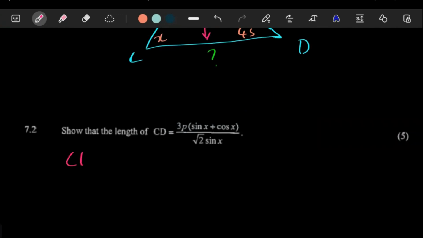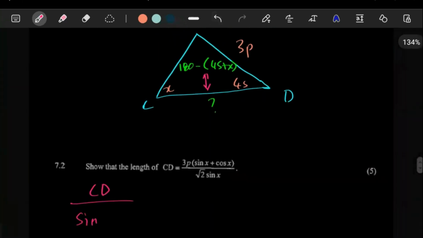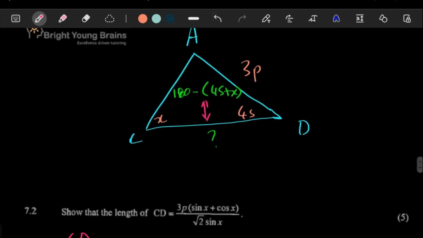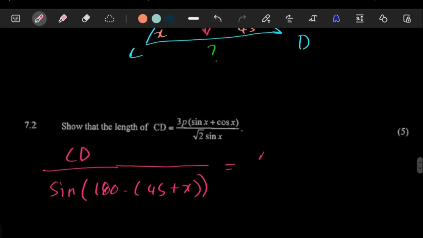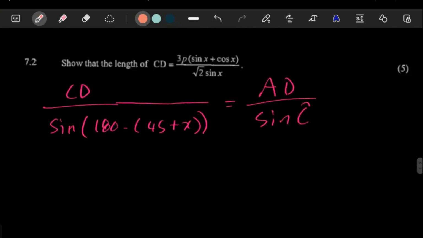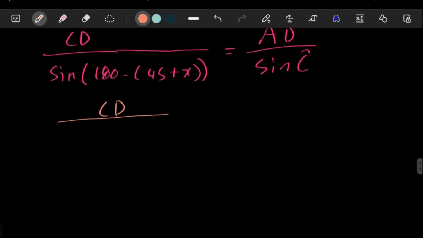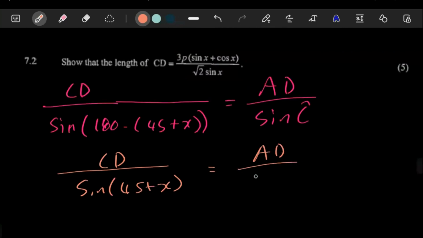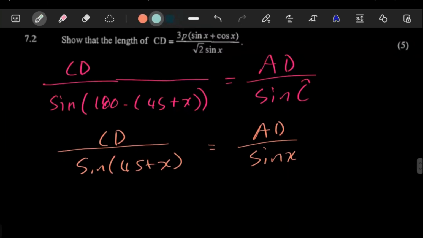So we can say here CD over sine of the angle there, which is 180 minus 45 plus X. And then here we have AD over sine C. So that's going to be CD over sine of 180 minus 45 plus X, and 180 minus gives you a positive sign, so it's sine of 45 plus X. And then sine C is sine X, so it's AD over sine X. And then you're going to cross multiply.